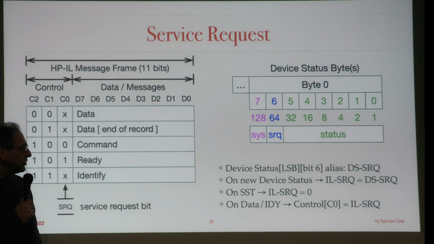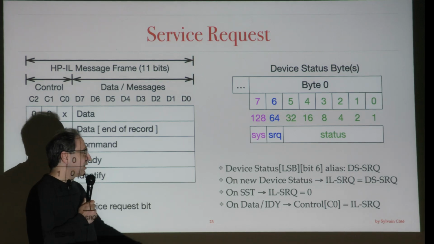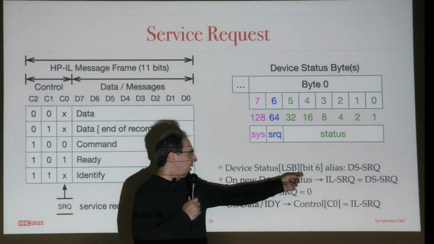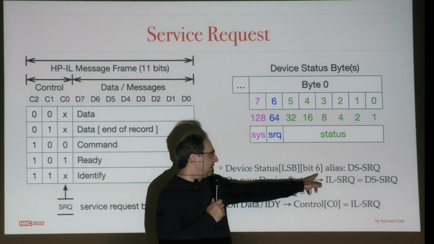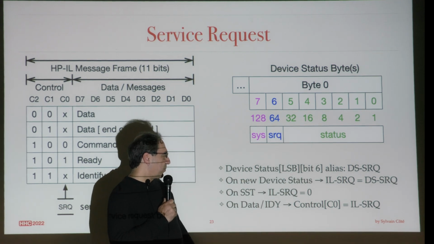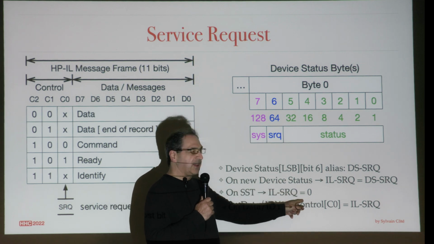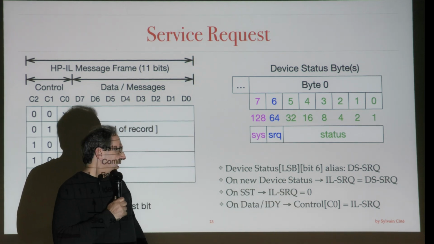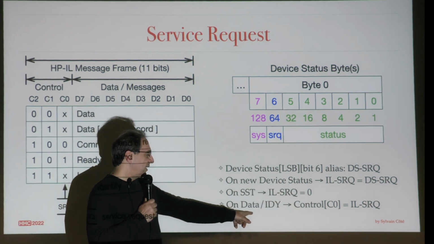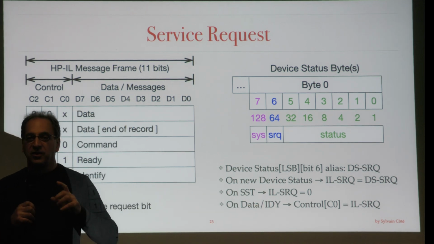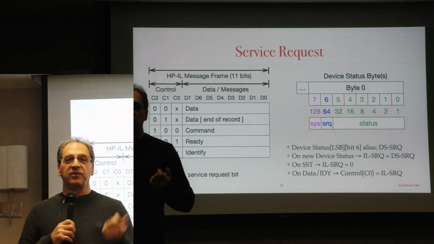Okay? So the logic is, I'm setting the device status and the bit 6, and there's another bit in the HPIL that is set to the same value, and on the data frame or identify frame, if the bit is set, it's going to switch that bit on the device.